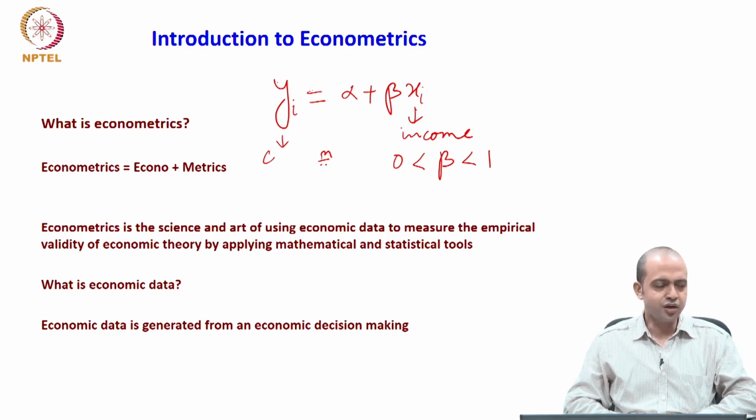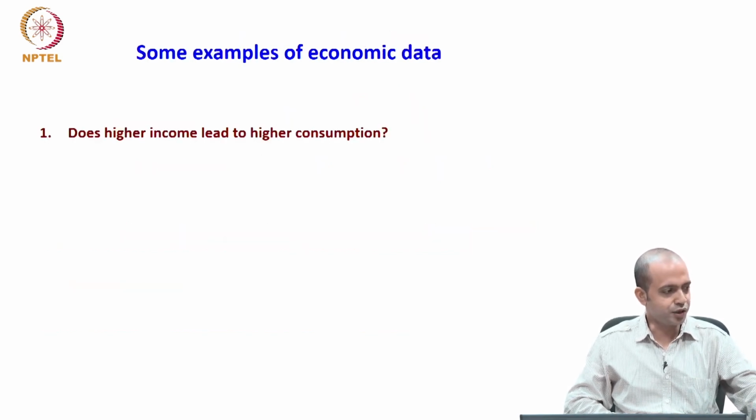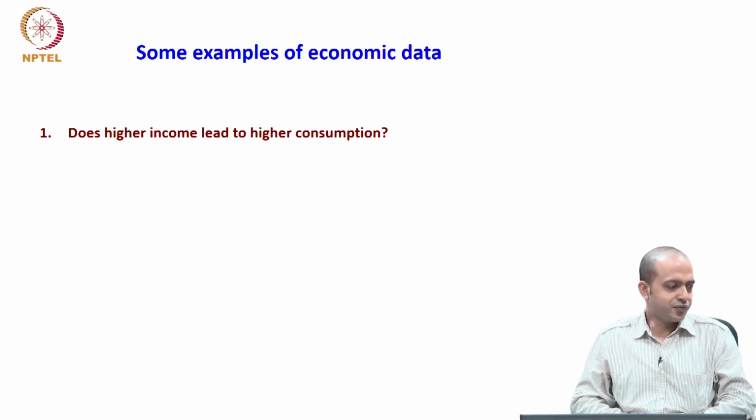Now, we will see some examples of economic data, right. Let us say the first example says, does higher income lead to higher consumption? Here, income and consumption both are economic data because both are generated from some economic decision making.